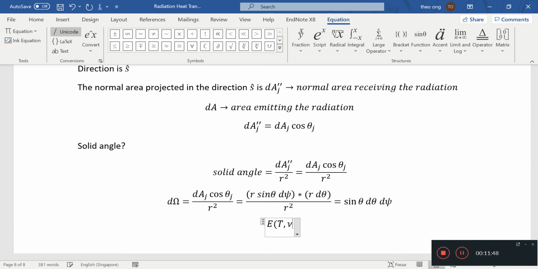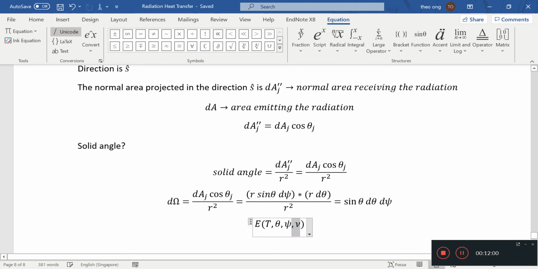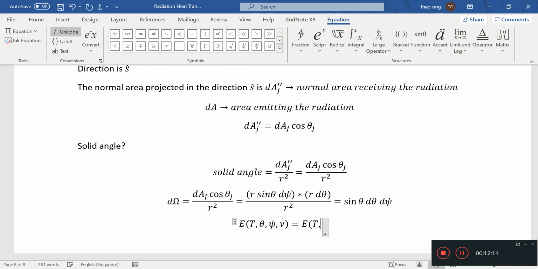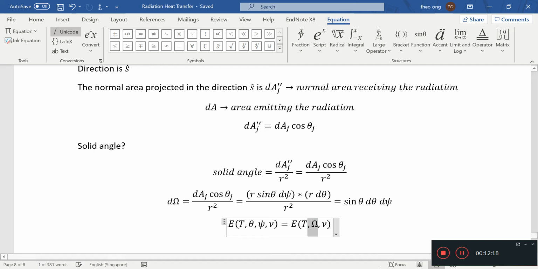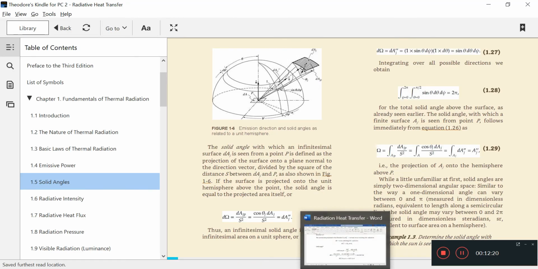So I'll just use nu, or rather theta, psi, and nu. So this is the spectral emissivity, and we also take into account the directionality of it by incorporating the solid angle. So sometimes we might write something like this. It basically means the same thing, because this omega means the solid angle, right?